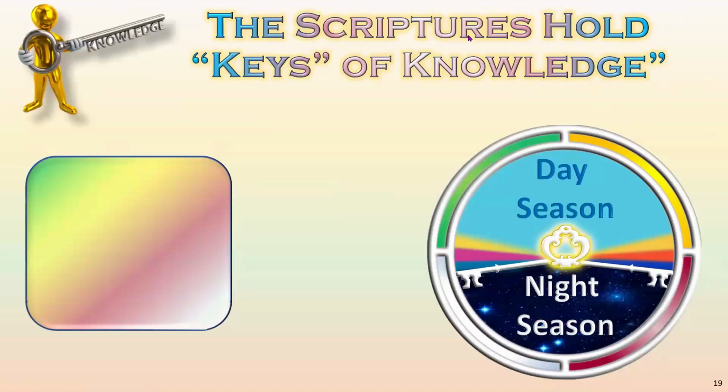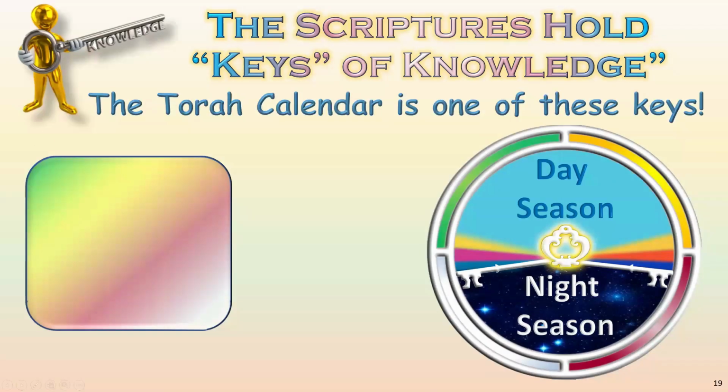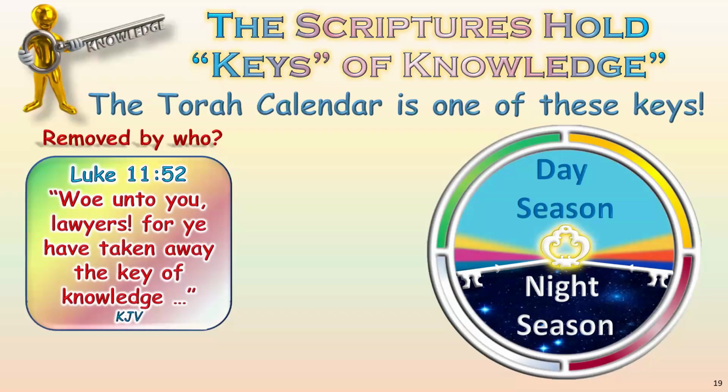The scriptures hold keys. Yes, they do. Keys of knowledge in the scriptures. They're all over the place. The Torah calendar is one of these keys. But some of these keys have been removed. Removed by who? Yahusha says in Luke 11:52, "Woe unto you, lawyers, for you have taken away the key of knowledge."